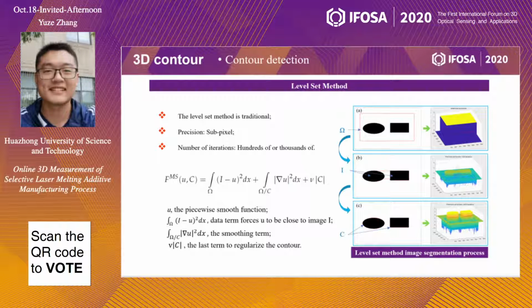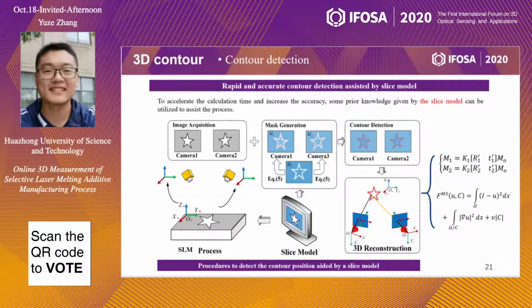However, we usually need to iterate hundreds of or even thousands of times to get an accurate result. That would cost a lot of time. Most of the time wasted is spent on a large number of iterations. At the same time, some false contours out of the fusion area can be also detected.